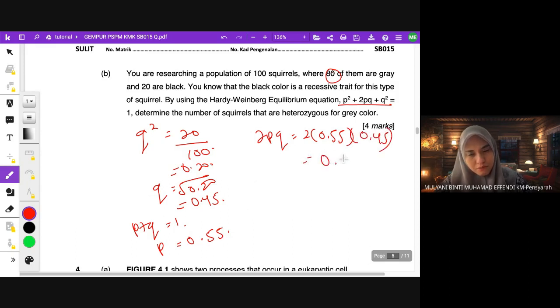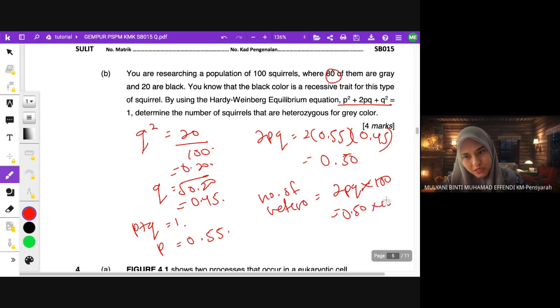So dapatlah 0.50. So number of hetero yang grey adalah 2PQ darabkan dengan 100 bilangan squirrels. So 0.50 darabkan dengan 100. Dapatlah 50 squirrels. So ingat sebelum benda-benda ini awak kena ada ayat yang depan ni tau.